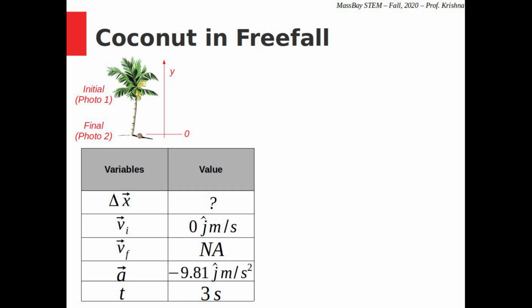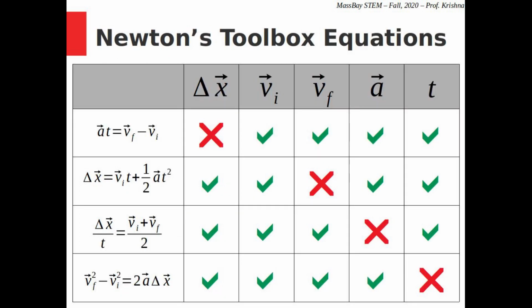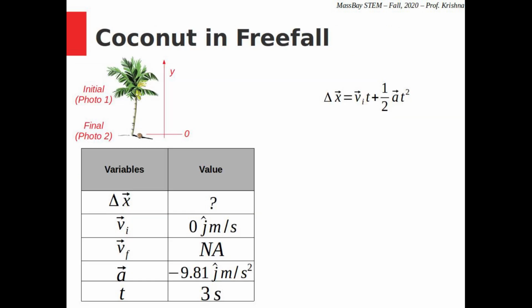Step 6. Which equation weaves together the unknown delta x with time, acceleration, and initial velocity? Equation 2. That's what we must use. Step 7. We now plug in all the information we have and solve.